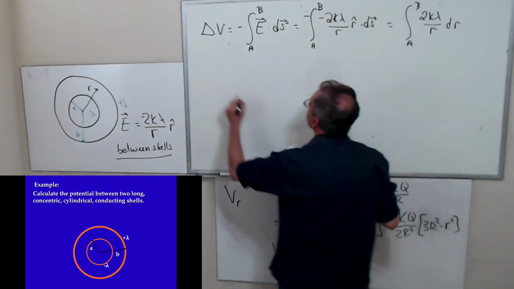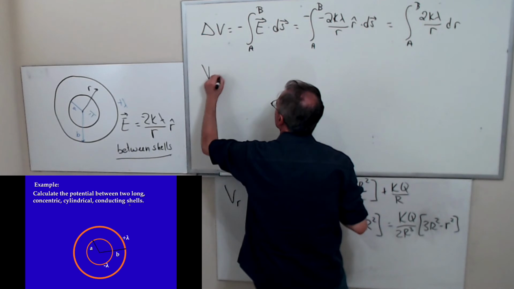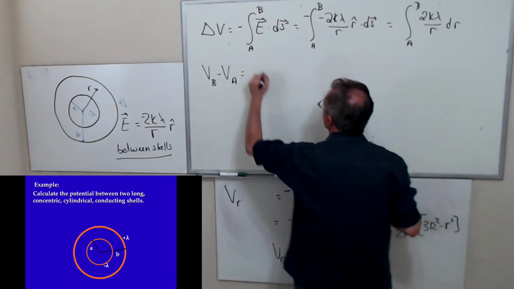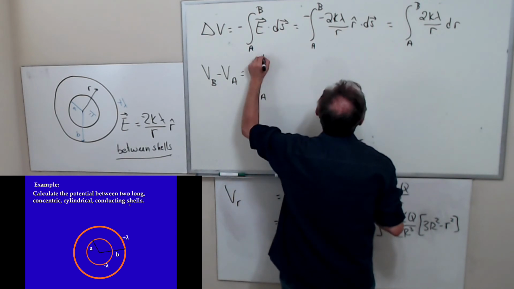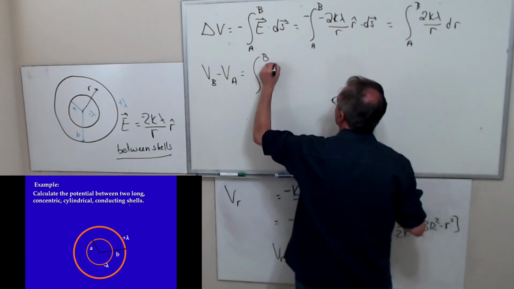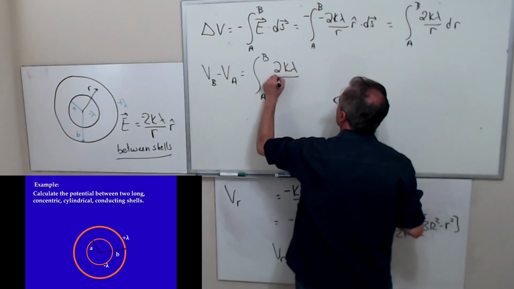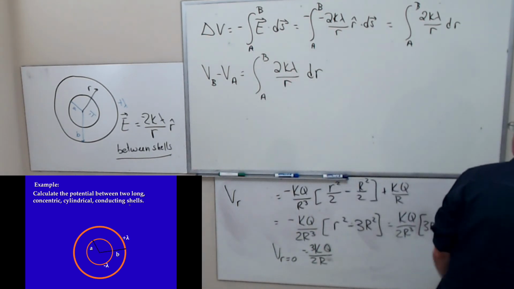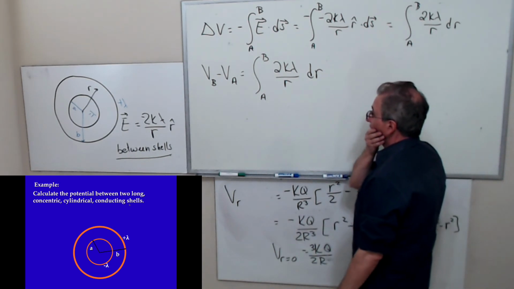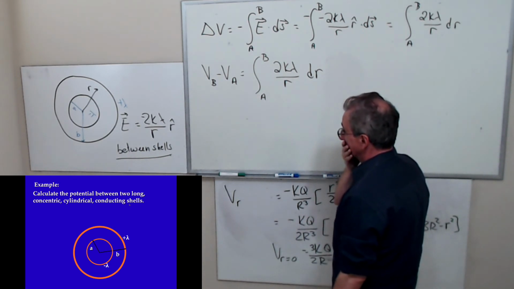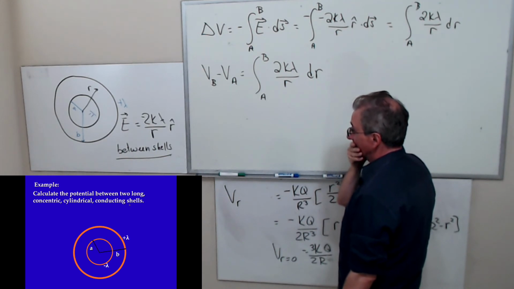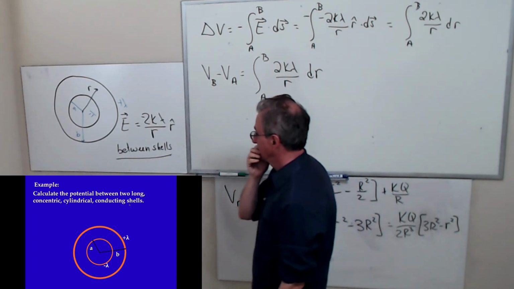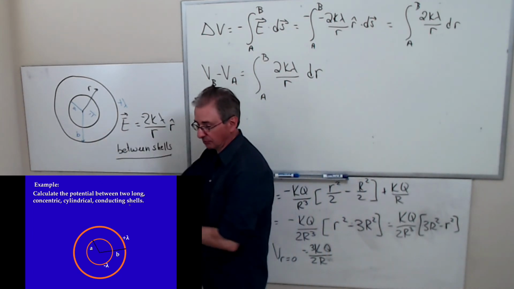Okay, so our delta V then is V sub B minus V sub A, and it's going to be the integral from A to B of this thing. If this is a power supply, I actually know what the potential is on both of them.